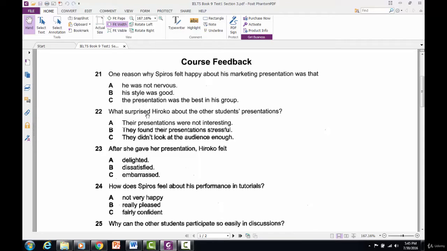All right, so 22. When they give us our time to look through the answer choices, go through each question, circling the keywords in the question. I've told you about doing that, nouns and verbs. Because you have to listen for that language, so you know when it's being said. Like 22: what surprised Hiroko about presentations?